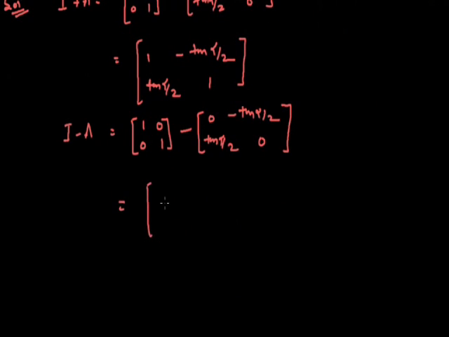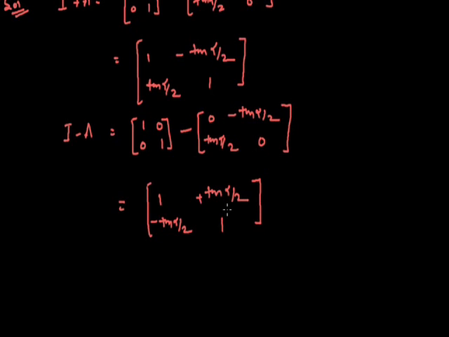So we get 1, minus tan alpha by 2, and minus and minus is plus tan alpha by 2, minus tan alpha by 2, and 1. Now in the question, I minus A is multiplied with the matrix cos alpha, minus sin alpha, sin alpha, cos alpha.